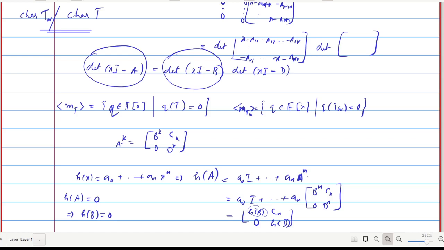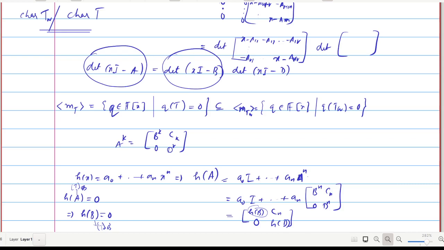That means for the annihilating polynomial h, a corresponds to the matrix of t relative to the basis b, and b corresponds to the matrix of tw relative to the basis b prime. So all annihilating polynomials of a are annihilating polynomials of b as well. That means this set is always contained in this one. An annihilating polynomial for t is also an annihilating polynomial for tw.